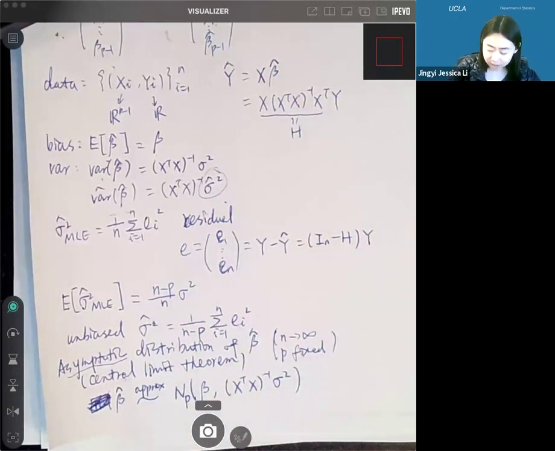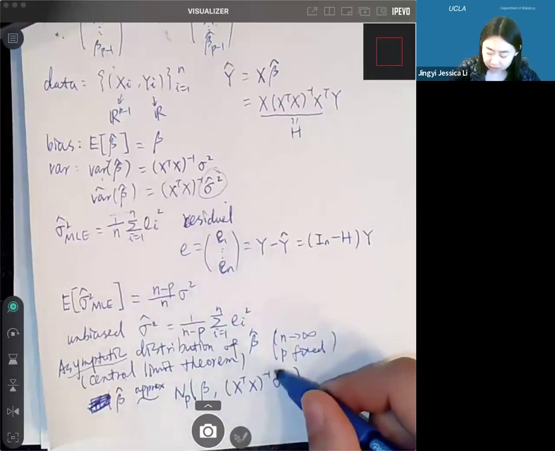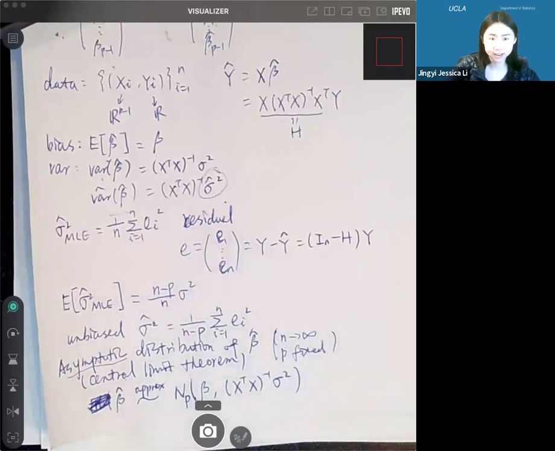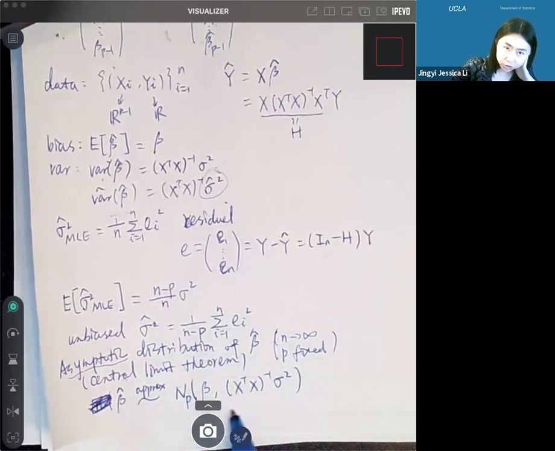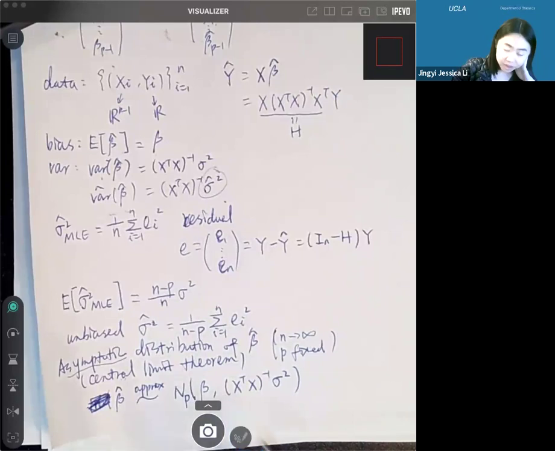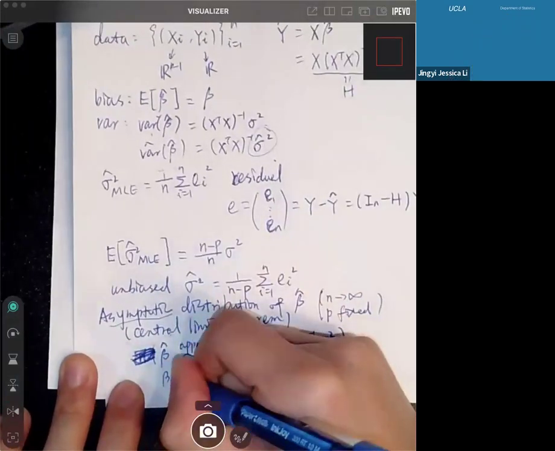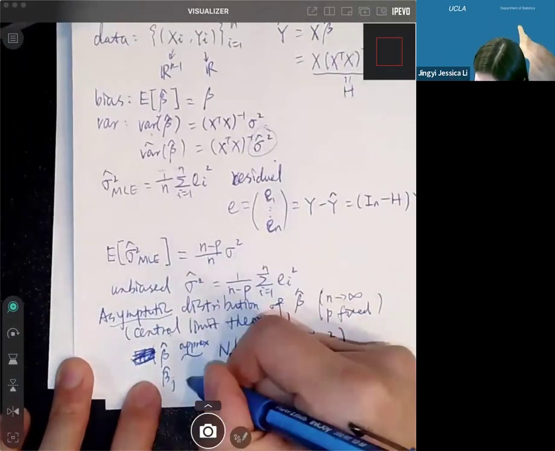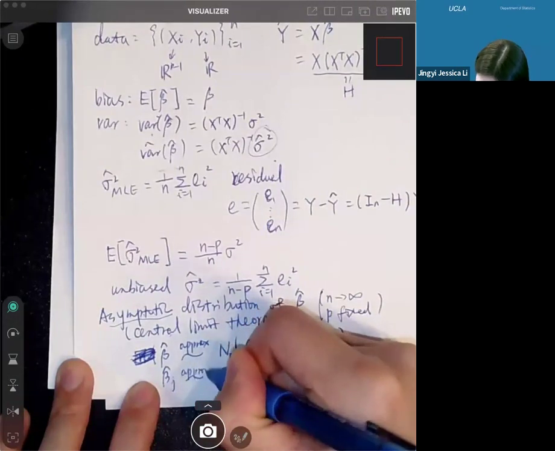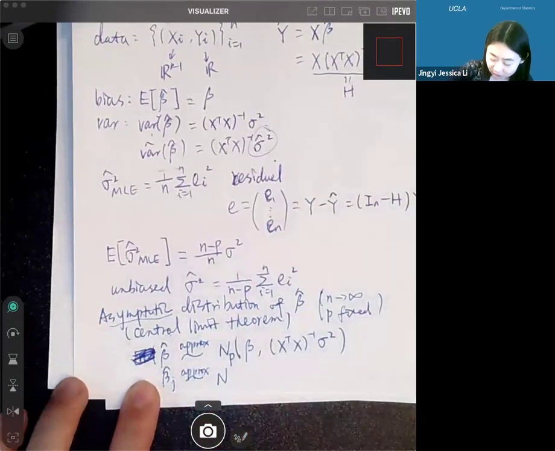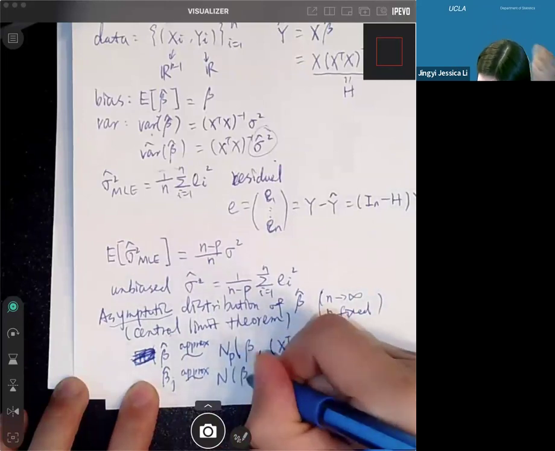And again, because sigma square is unknown, in practice we use sigma hat square to plug in. And based on this, because this is a p-dimensional Gaussian distribution, every dimension of beta hat, so we will say beta hat j, for the jth element, is approximately one-dimensional normal, with mean beta j.